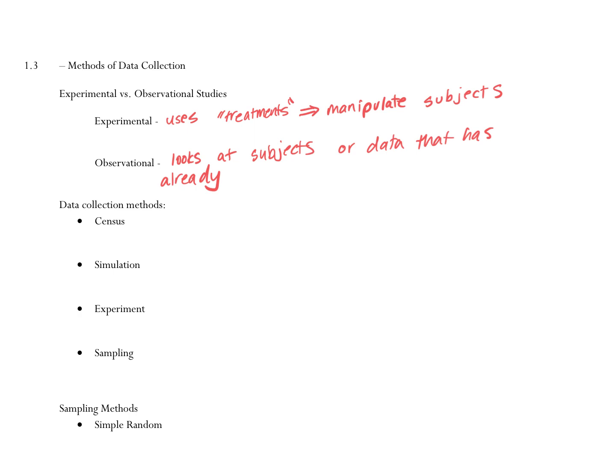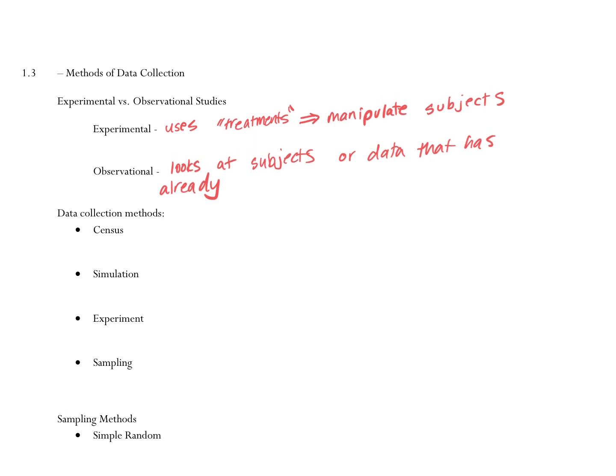He might look at what is the GPA of the freshman class, what is the GPA of the sophomore class, etc. Okay? And as he's doing that, he's not telling people you're the freshman. It's more like looking at what's already happened. Does that make sense?